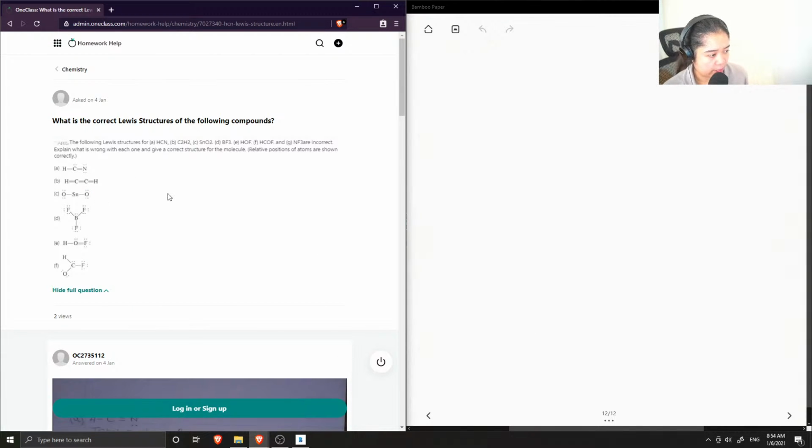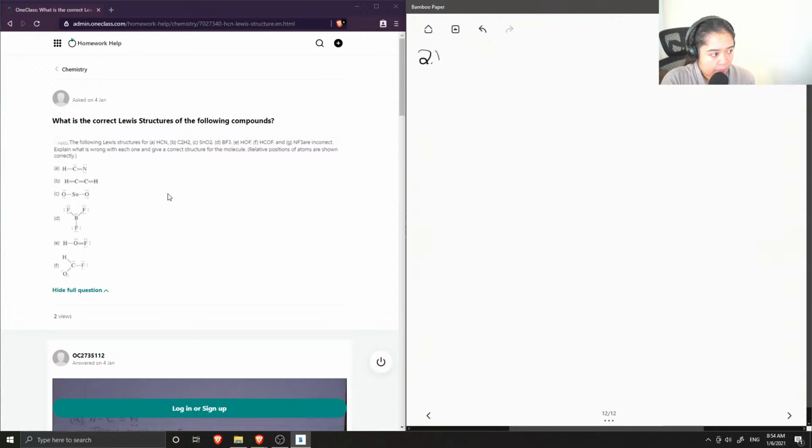Okay, so question number 2 is also a Lewis structure question. The following Lewis structures for hydrogen cyanide, ethylene, tin oxide, and boron trifluoride, and so on, are incorrect.